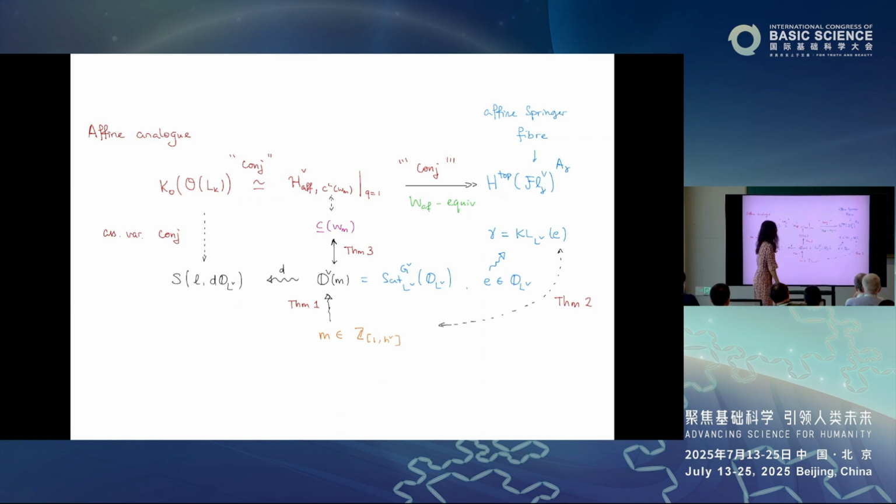And then once you have such an element, I consider the analog of affine Springer fiber in the Langlands dual Lie algebra, and I consider its top homology invariant by some component group, and then like triple quoted conjectures, there should be a surjective map like this. I think we can produce a map, but it's hard to see whether it's surjective or not.